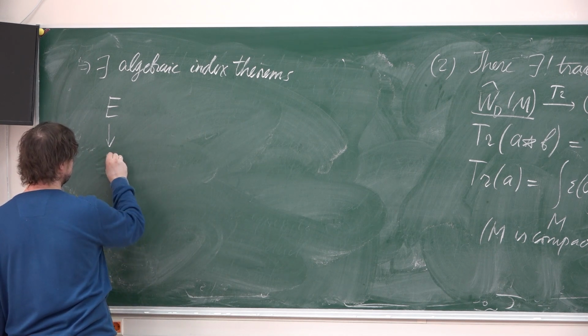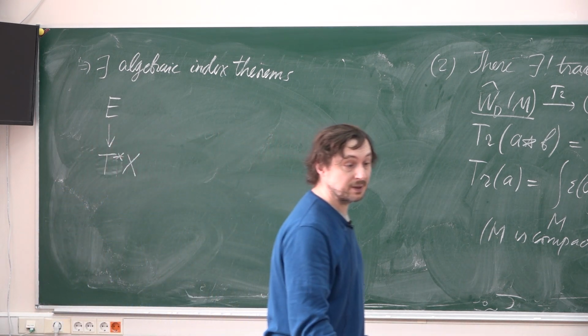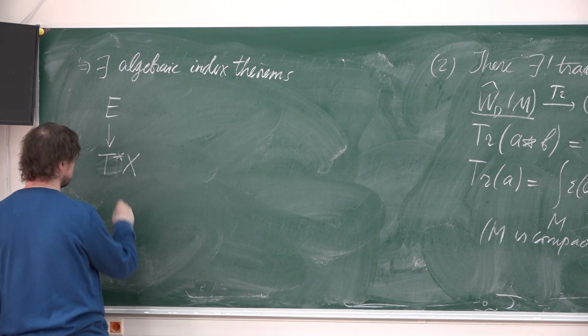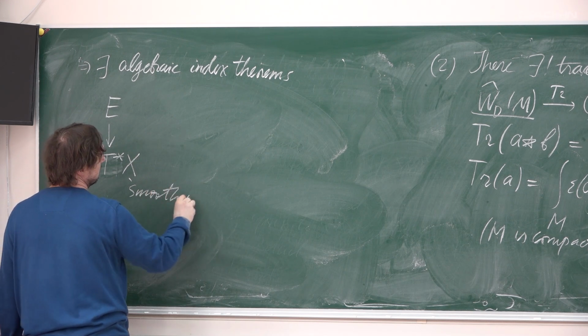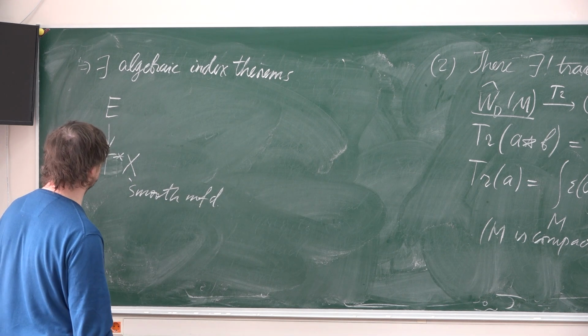You take M equal to the cotangent bundle of a certain smooth manifold X. You have a vector bundle here.